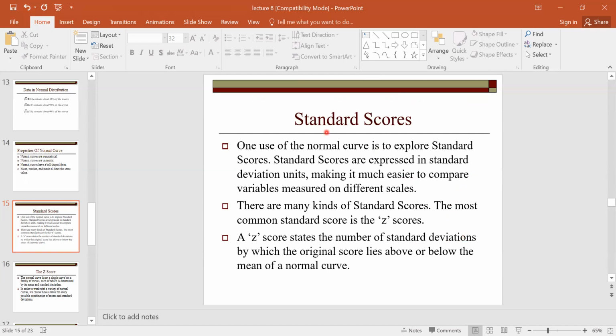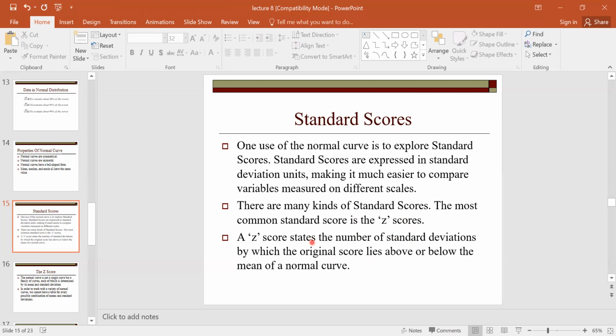The most common standard score we use in the normal distribution is the z-score. This z-score helps us to find the probability in area tables. We can directly compare this z-score with the area tables instead of integrations.